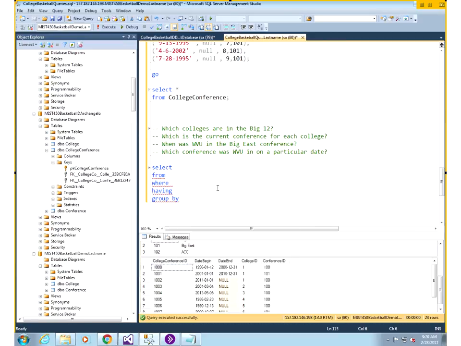Is this order correct? Yeah. Well, order by, you usually don't include order by if you just had select from where. But if you did have having and group by, what's one thing you would have to do that you won't do this way?